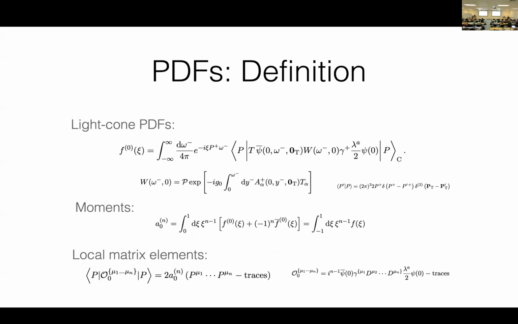So the simplification of the generalized Parton distribution functions are the regular PDFs, where the initial and final momentum is the same. These are the normal Parton longitudinal momentum distributions. And again, their moments can be related to local matrix elements of these twist 2 operators with a string of covariant derivatives and the gamma matrix.